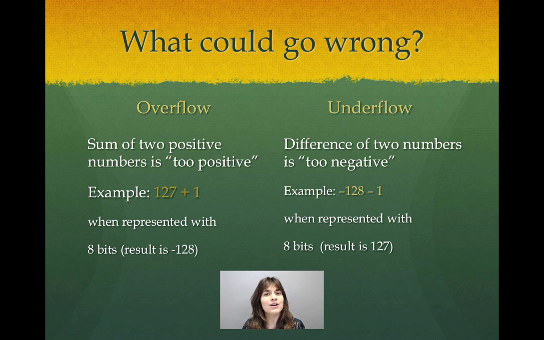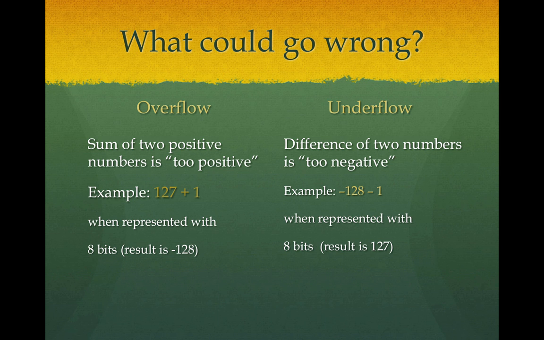The result will actually be 127. And in order to understand that, write the two numbers in binary. Write minus 128 in binary. Write minus 1 in binary, 2's complement. Add them and see the binary result that you will get. It will be the positive number 127.